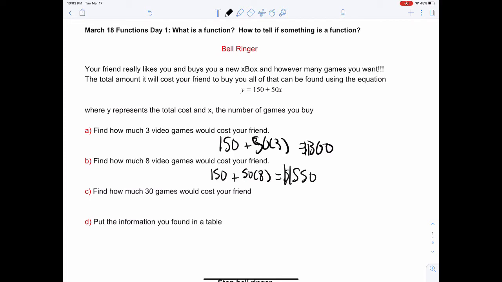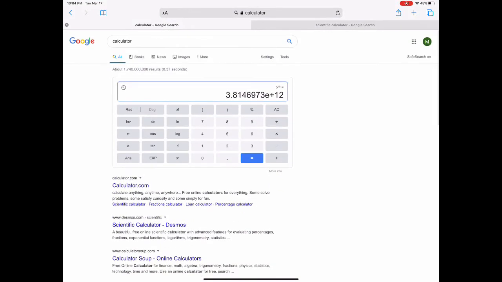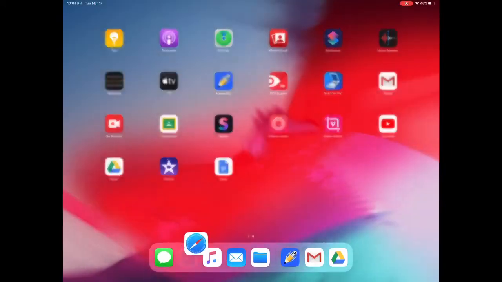If you plug in the 30 for x again, 30 video games, that's enough to last a lifetime. That will give you, let's see, on the calculator, 150 plus 50 times 30. I know some of you guys don't have your calculators at home. So either use your phone calculator, or you just type it into Google, and that will work pretty well for you.